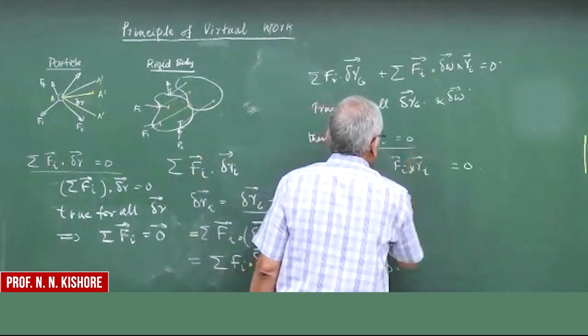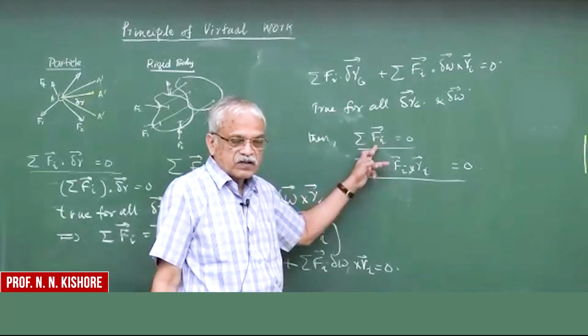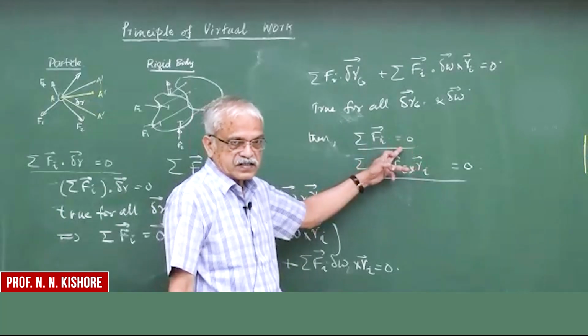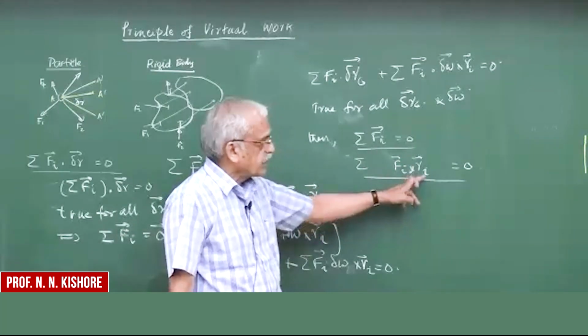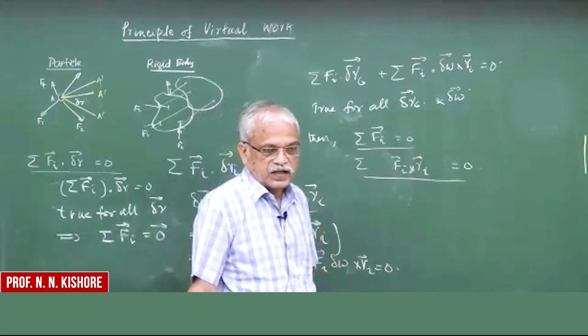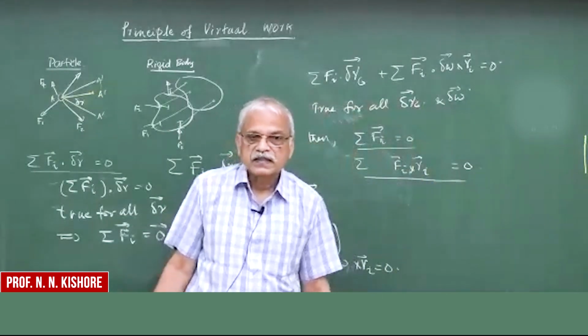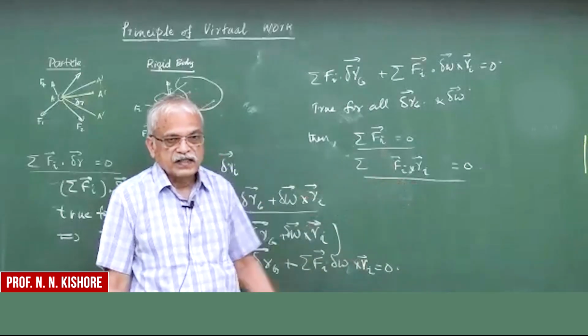So what is this saying? This is nothing but the summation of all the forces in any direction being 0. Similarly here, this is Fi cross Ri, or Ri cross Fi, which is nothing but the moment of all the forces about G. So about G it is 0.